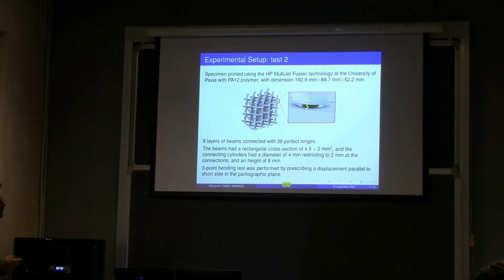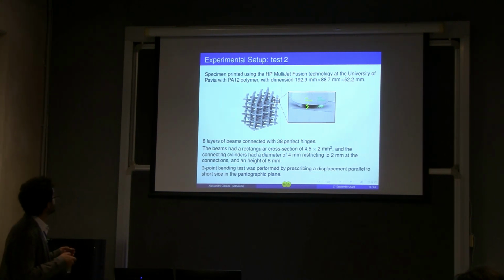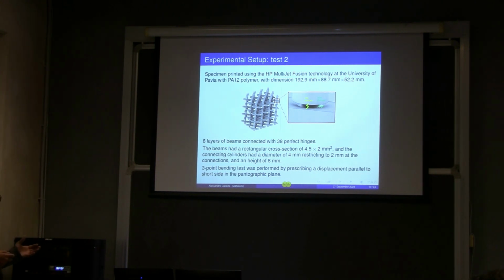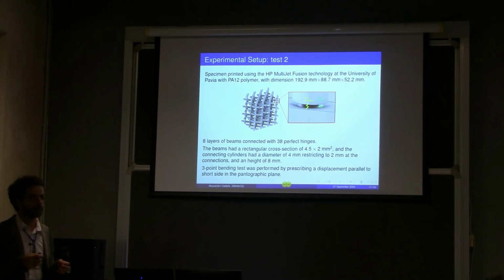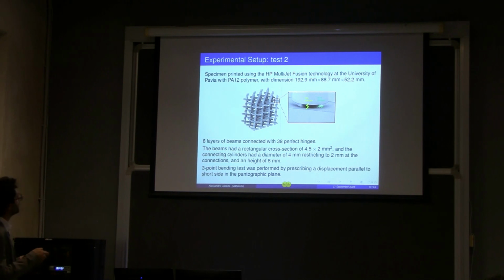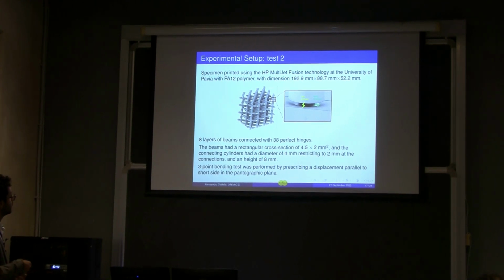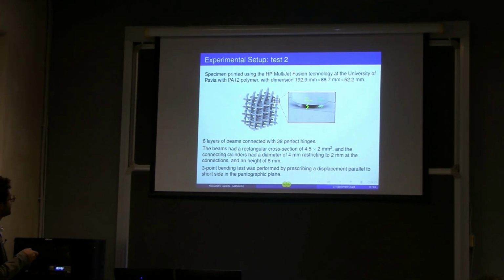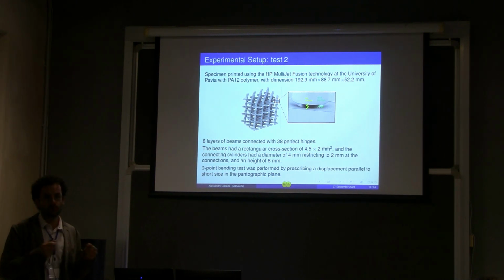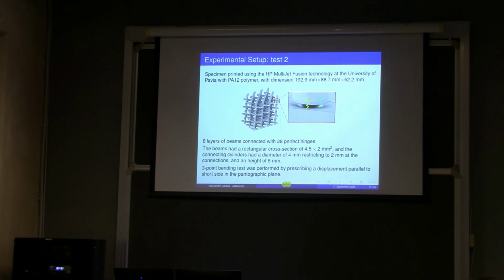So here we have again a pantographic structure, but in this case it's more sparse, less dense, and the pivots are perfect pivots and are built by, let's say, leaving a gap between the shaft acting as a pin of the pivot and the beams. And so in this case we have zero energy floppy modes because we have really perfect pivots.